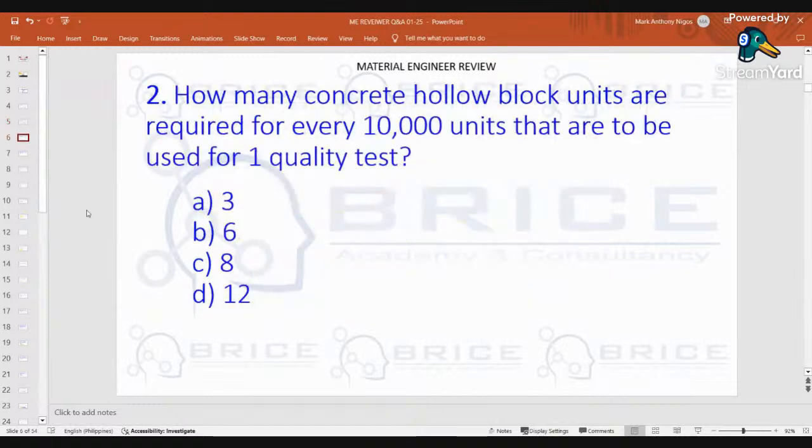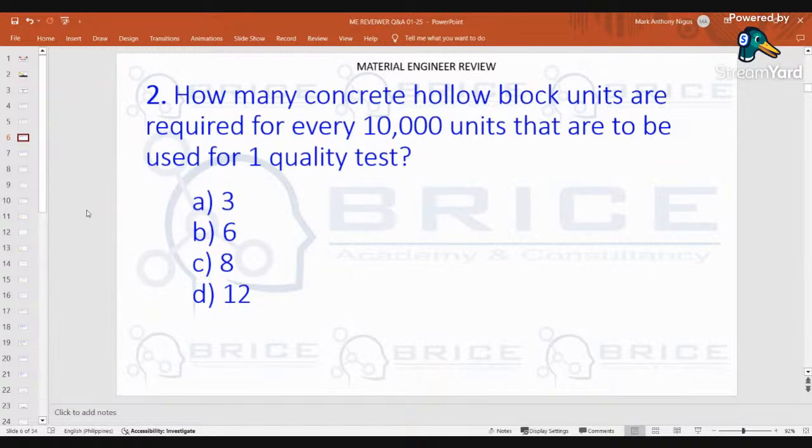Number 2. How many concrete hollow block units are required for every 10,000 units that are to be used for quality tests? Letter A, 3. Letter B, 6. Letter C, 8.